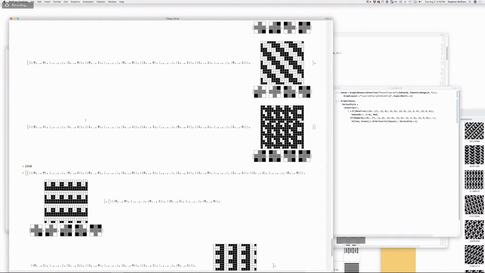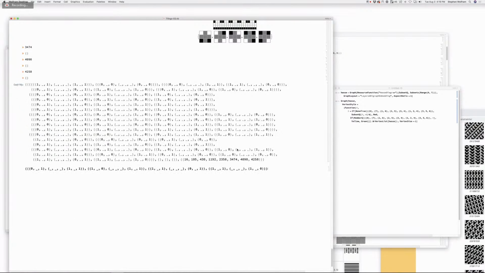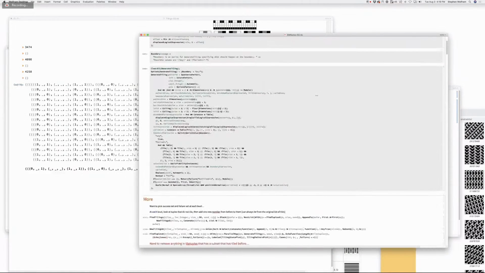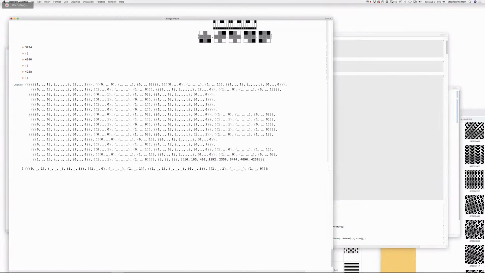Okay, hold on. Let's pick up this one here, and let's say generate. Do you remember what the function is for generating tilings here? I think it's generate tiling. So in this case, we're saying generate tiling.